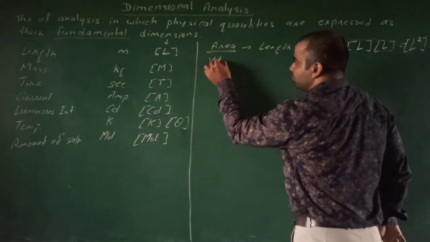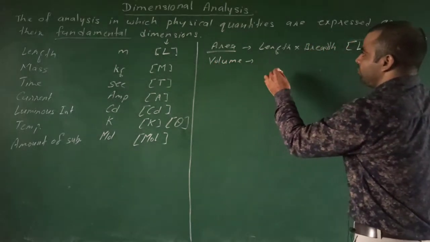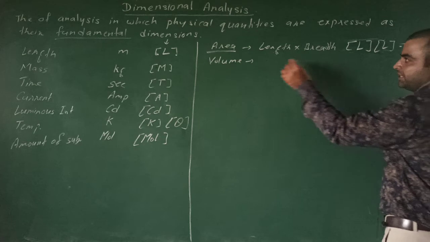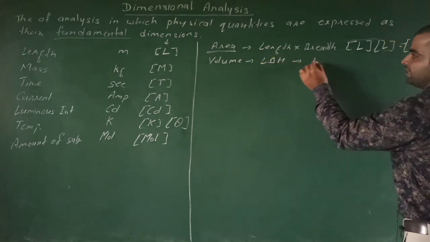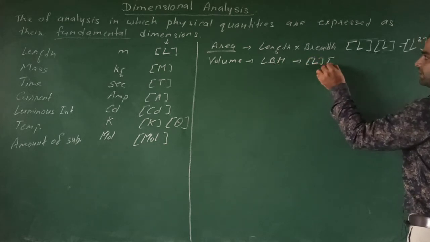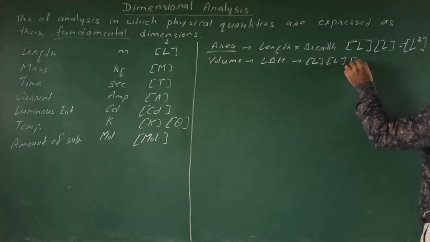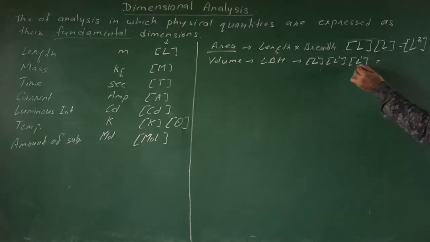Volume is length, breadth, height, LBH, and dimension will be, here are three lengths L, L and L, means L1, L1, L1 you can say. So it is L3.